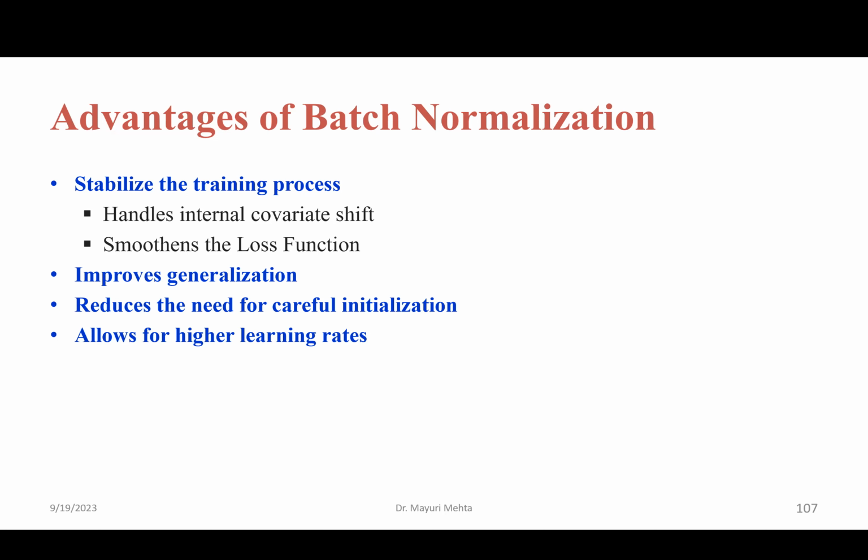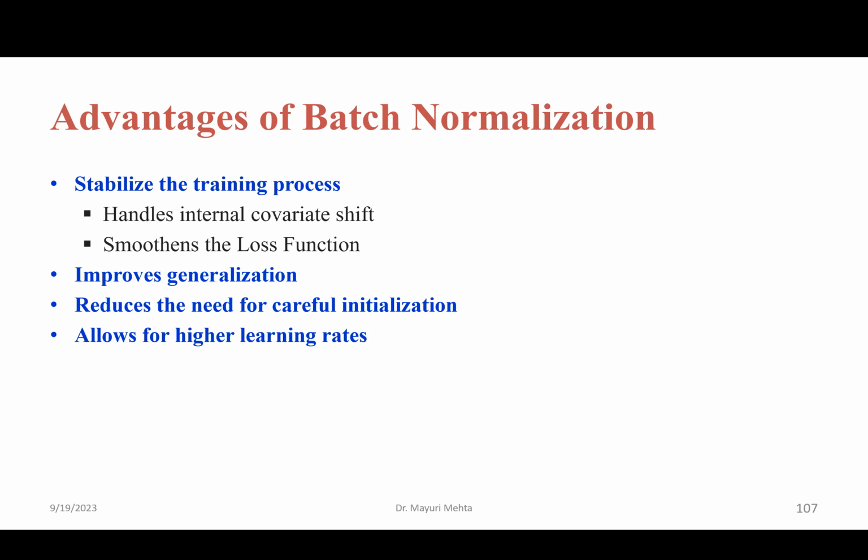So what is internal covariate shift? I'll explain it with an example. We ensure that the input for every layer is distributed around the same mean and standard deviation. If you are unaware of what an internal covariate shift is, let us discuss it first.